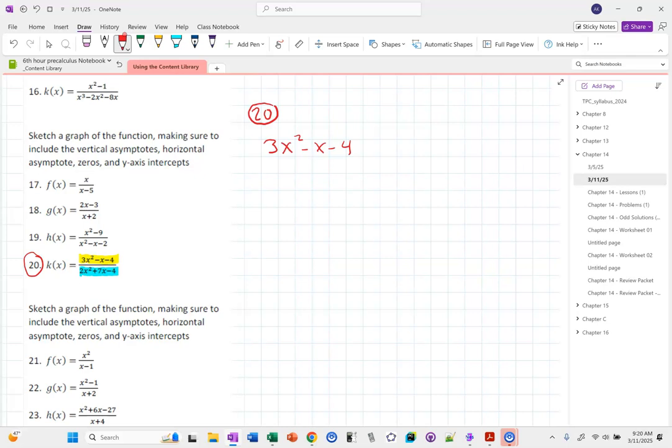So we need to find the two numbers that multiply to give us 3 times -4, or -12, and then add to give us -1. What are those two numbers? -4 and 3, right?